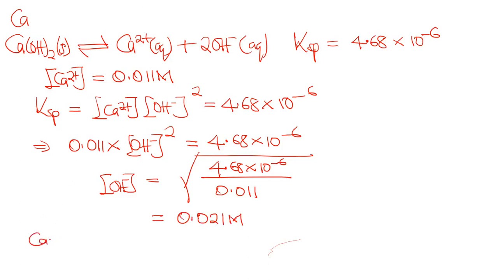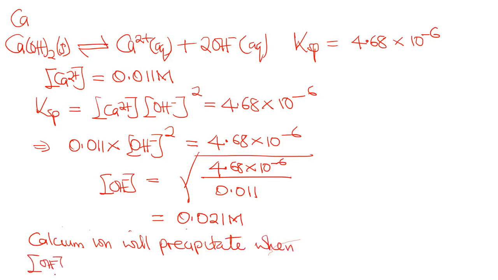So what does it mean? Calcium ion will precipitate when the concentration of the hydroxide ion is 0.021 molar.